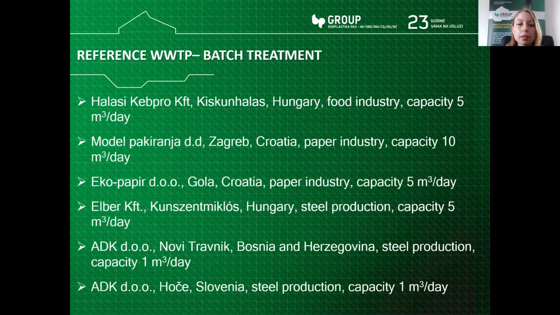On this slide, you can see some reference wastewater treatment plants that use batch treatment. You can see the capacity is smaller, and you can see it's food industry, paper industry, steel production. These industries don't use so much water, because this food industry is only for processed or already made meat, so to speak, so they don't need water.